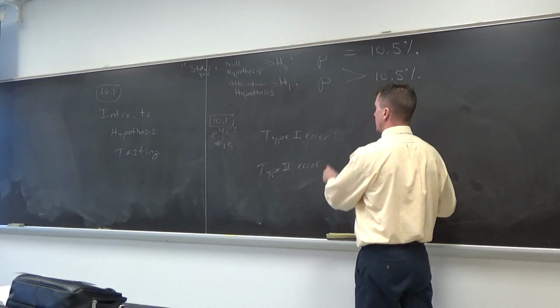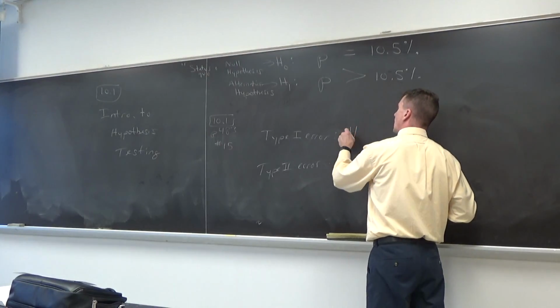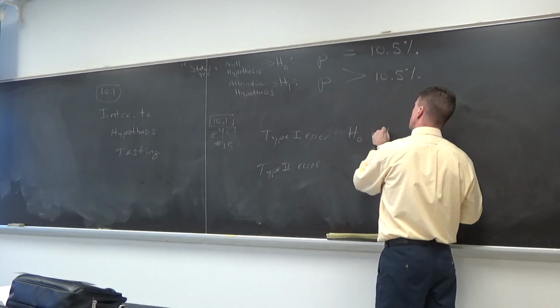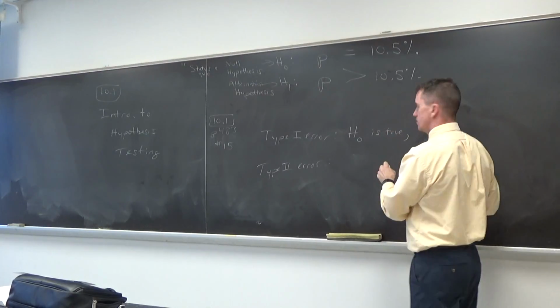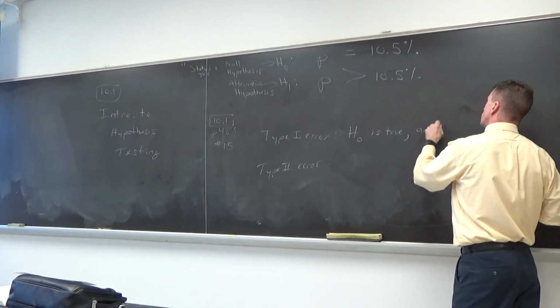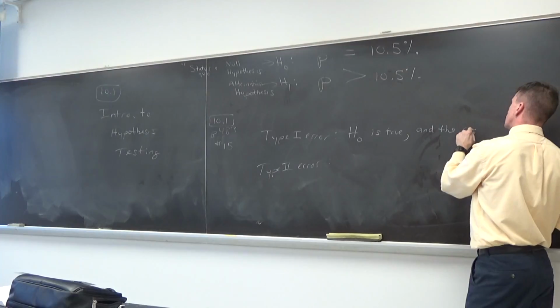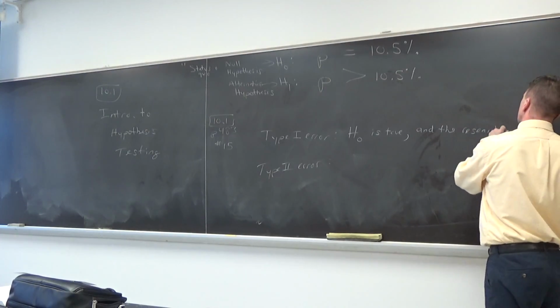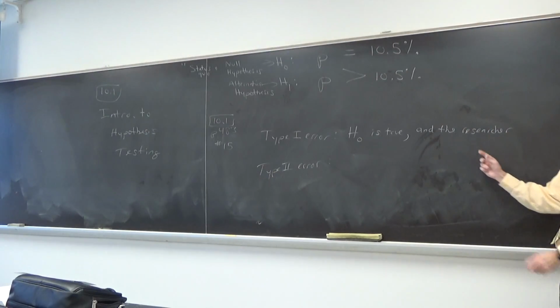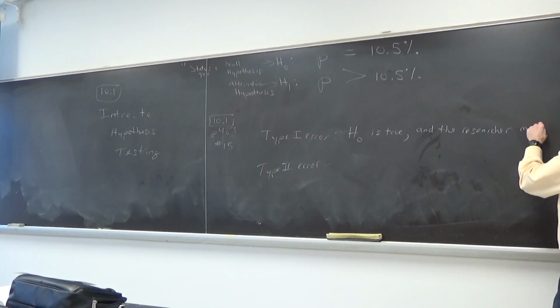A type 1 error is when the null hypothesis is true, and the researcher, sociologist, nurse, etc., mistakenly rejects the null hypothesis.